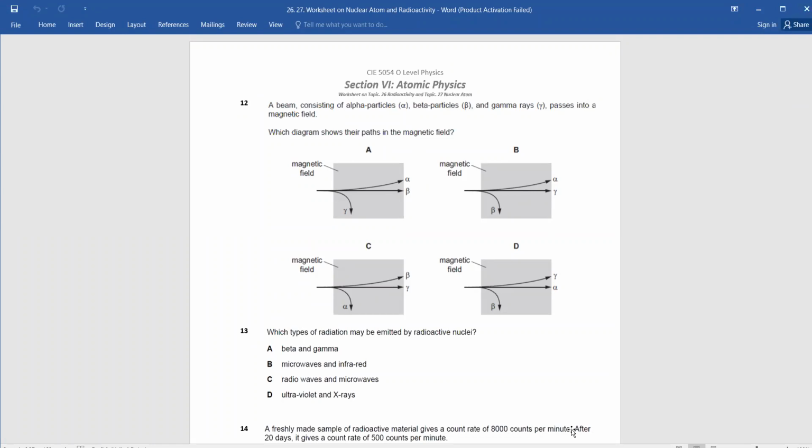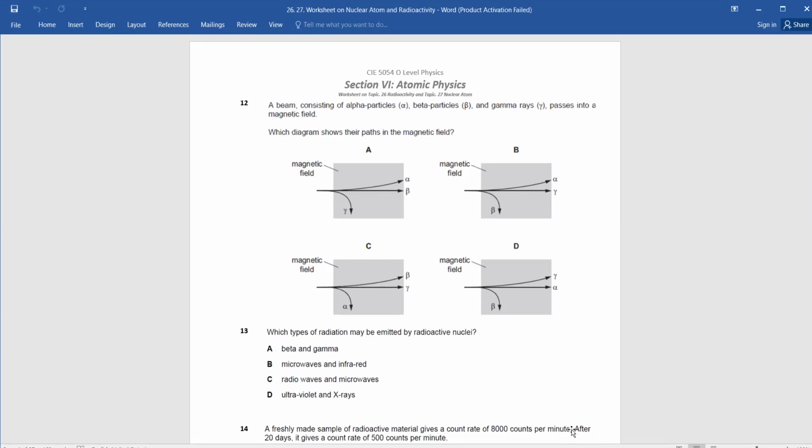Okay. So, B. Can you explain why you chose B? Why not A? Well, first of all, the gamma rays always go in a straight line because gamma rays don't have much mass or anything, they go through everything.